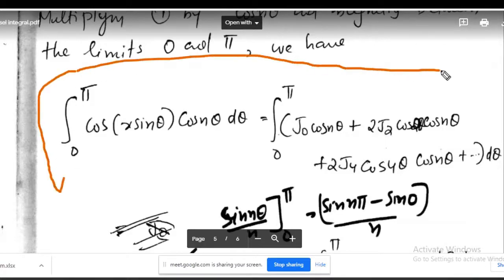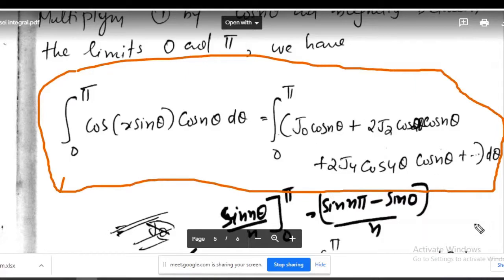So this you get, and as you integrate, what about the first one? First term, what will be its value? J0 cos n theta.